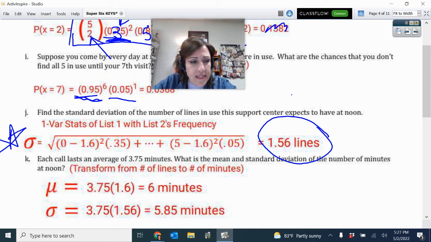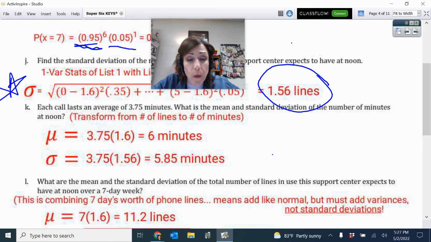I don't think I have that easily to pull up, so I might have to show you that separately on another video. But anyway, on the discrete random variables on the front of the formula chart, there's the mean and the standard deviation, and this was the formula there for that standard deviation.